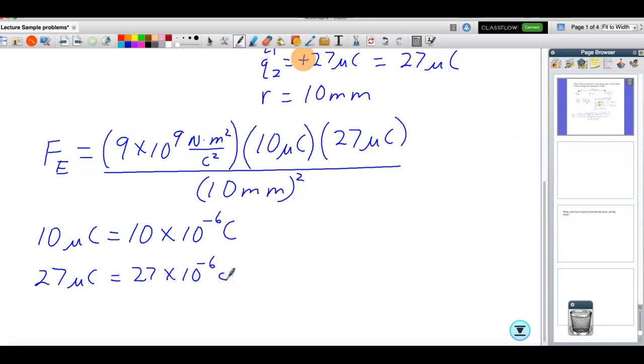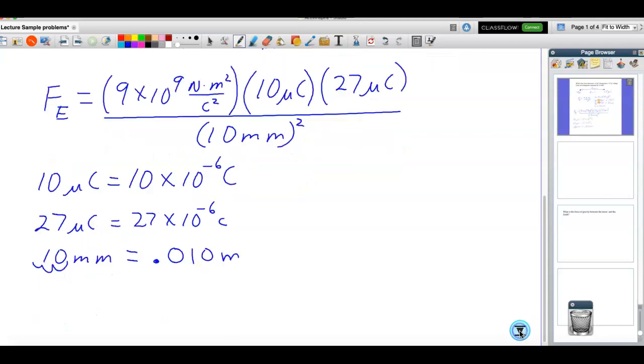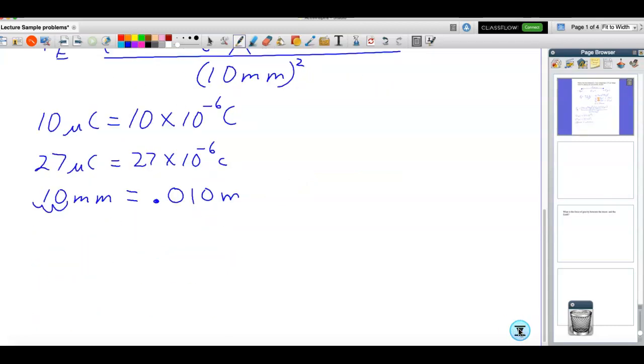Remember, this is our prefix, so we can just pull it off. Our 10 millimeters, remember to go from millimeters to meters, it's 3 decimal places. So 1, 2, 3. So that's 0.010 meters. So now we've got our units all correct, so we can put it back in our formula.